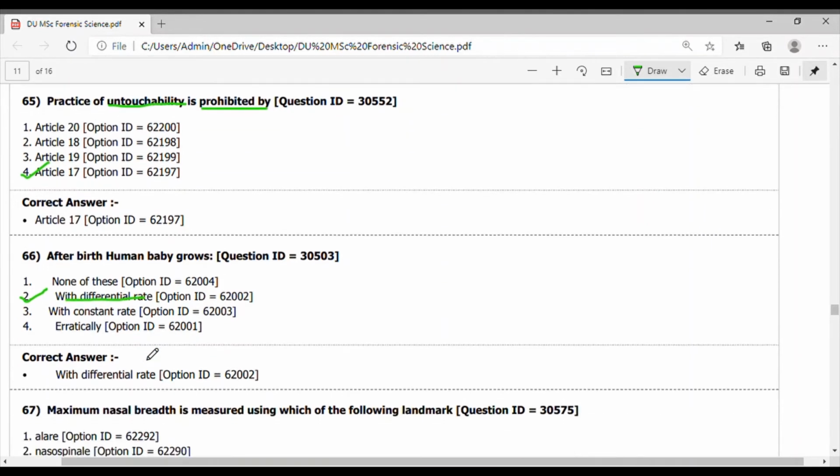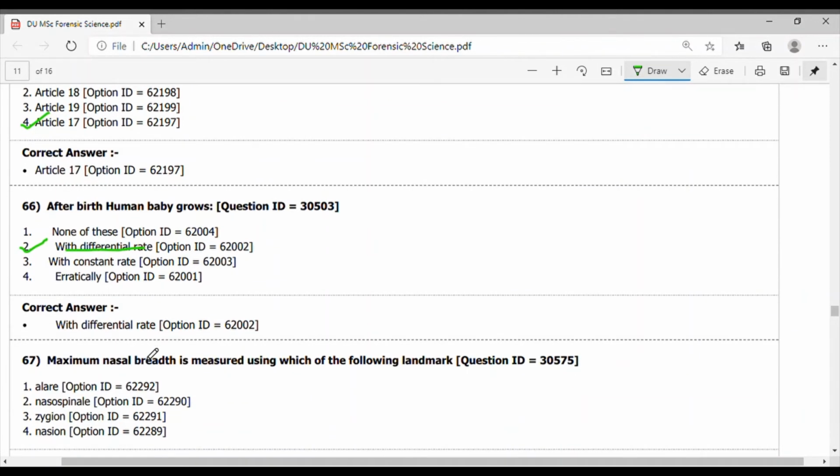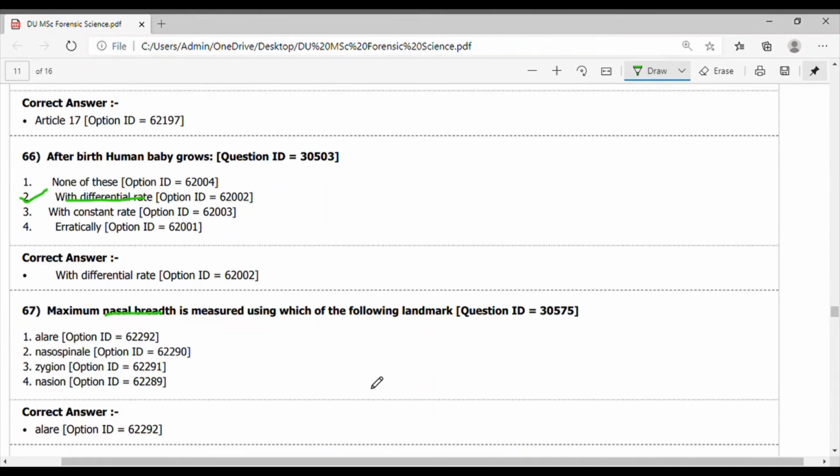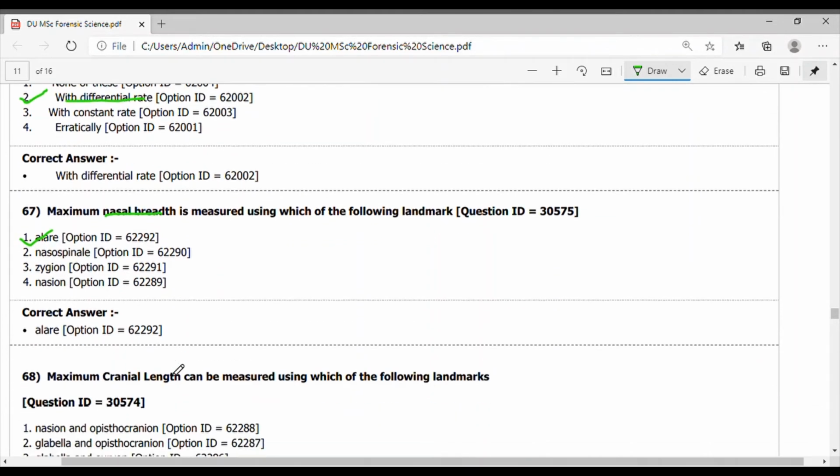Okay. Next question is question 67. Maximum nasal breadth is measured using which of the following landmarks? The maximum nasal breadth is measured by the alare. Option 1 is the correct option.